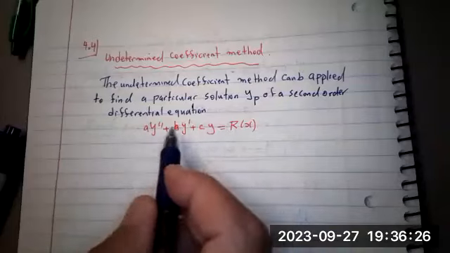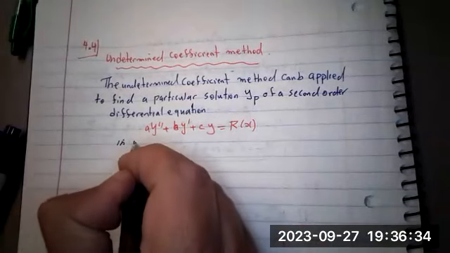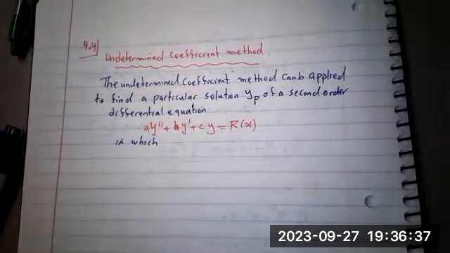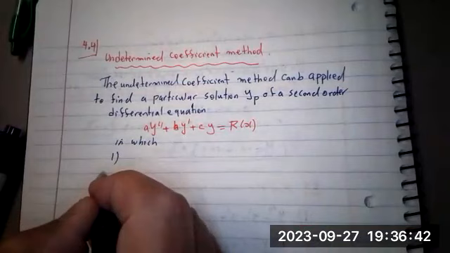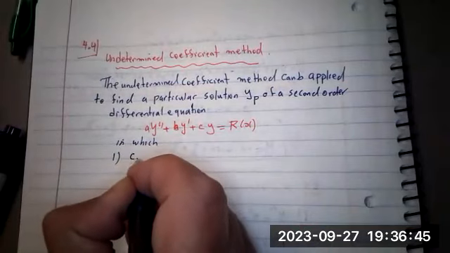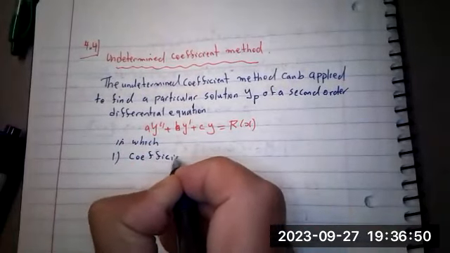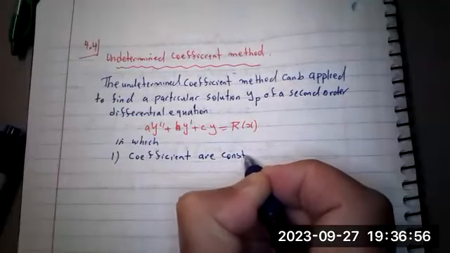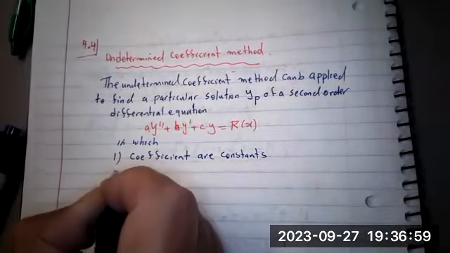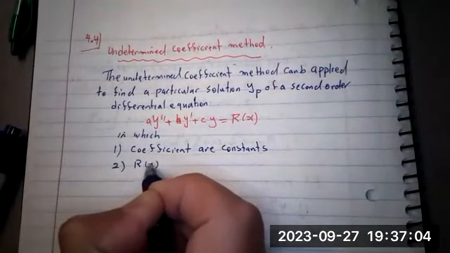Okay, so to find YP, a second order differential equation, you have the following conditions. The first one, we already talked about it, the coefficients must be constant. Cannot use it otherwise. The coefficients are constant, as I put it on the chart. Second one, this R of x can be only of the following.